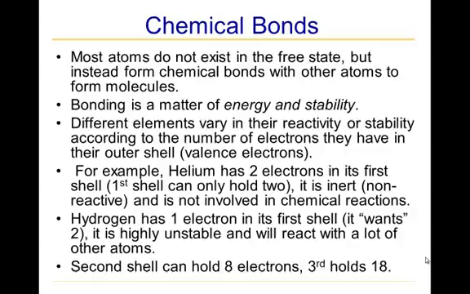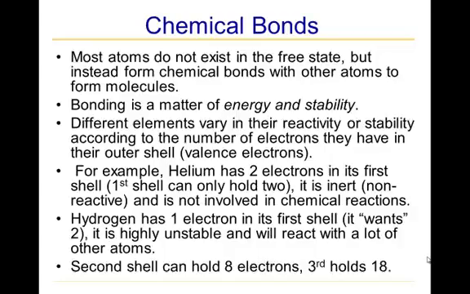Varying elements differ in their reactivity or stability, and this is again according to their valence electrons, the number of electrons that are present in the outer shell. As an example, helium has 2 electrons in its first shell, and the first shell can only hold 2. Therefore, helium is very stable, very content, and it is not involved in other chemical reactions.